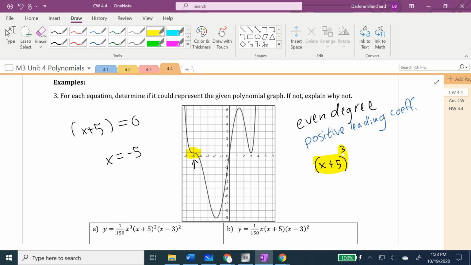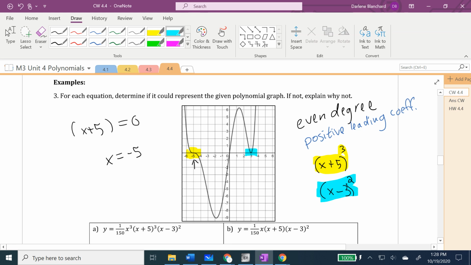And then over here, that means you have x minus 3 as one of the factors. It's what creates positive 3 to be a 0. And it's squared, or maybe it's to the 4th power. That is a possibility.